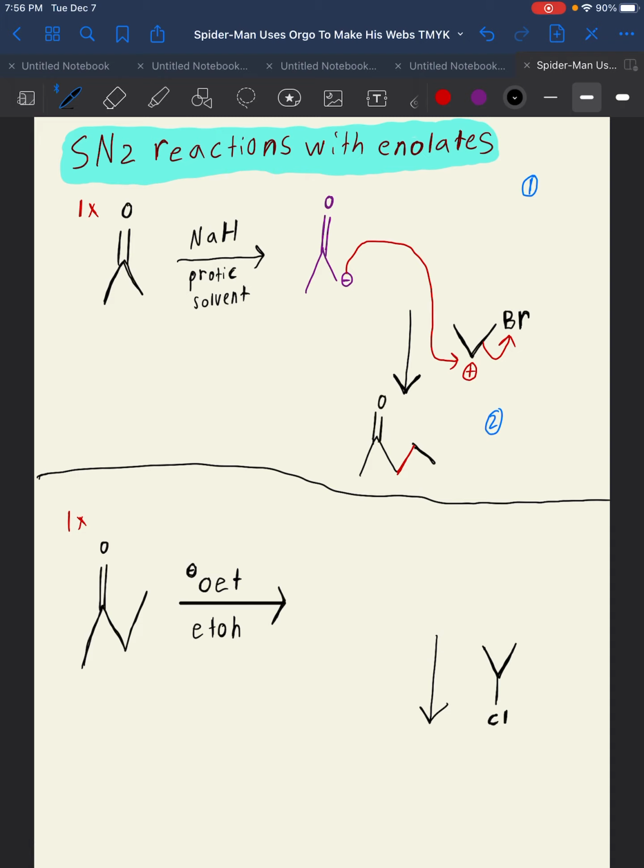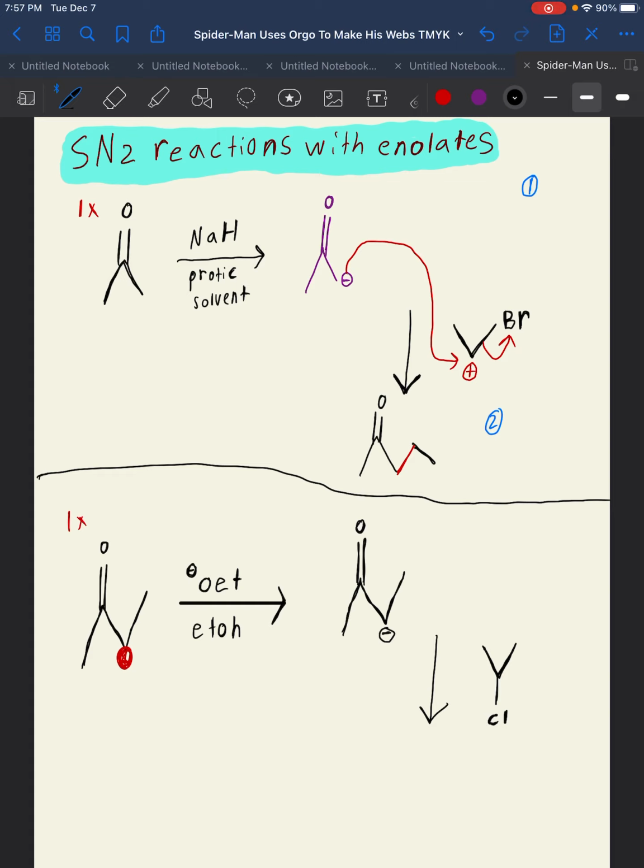Same thing with this. Once again, it prefers the thermodynamic product in this case because, once again, the thermodynamic product is more stable. So for the SN2 reactions, you're going to want the thermodynamic product. So your enolate would actually form here, which would then give you this.